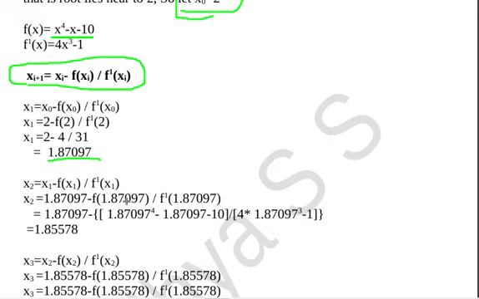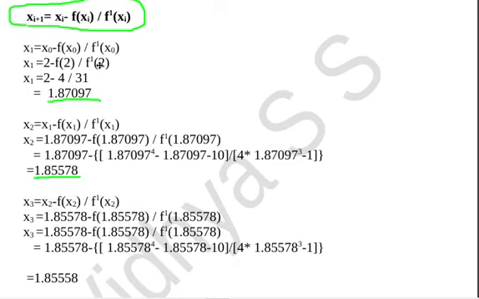F of 1.87097 is 1.87097 raised to 4 minus 1.87097 minus 10, divided by f dash of x, that is 4 into 1.87097 cube minus 1. The value will be evaluated as 1.85578.